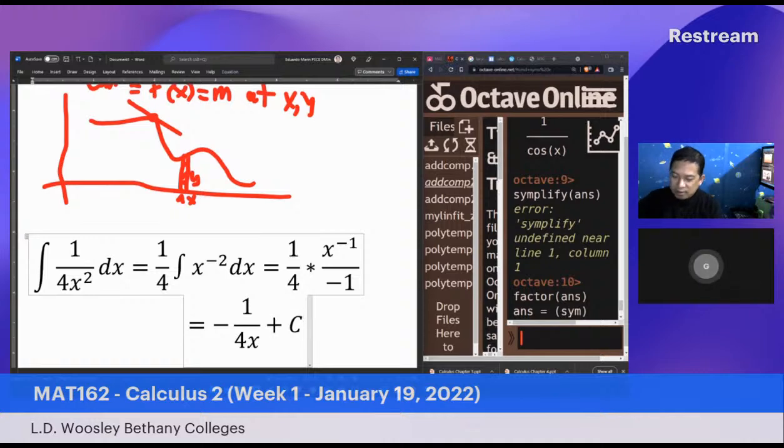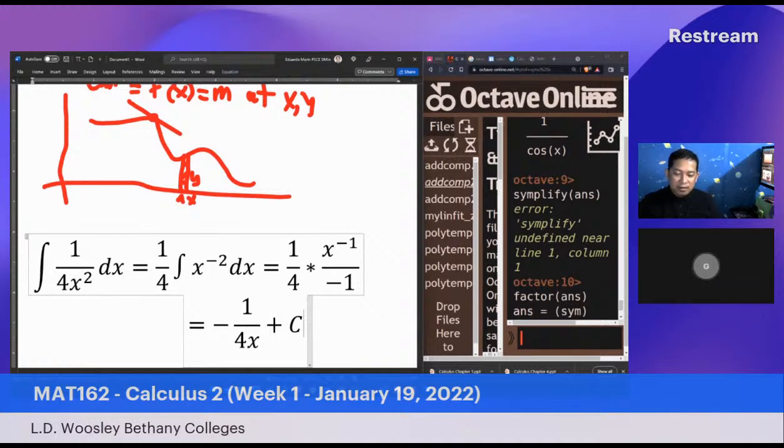May kulang. Take note, yung 3 na kasama sa squared. Diba? 1 over 3x quantity squared siya eh. So, when you distribute it, it will become 1 over 9x squared.